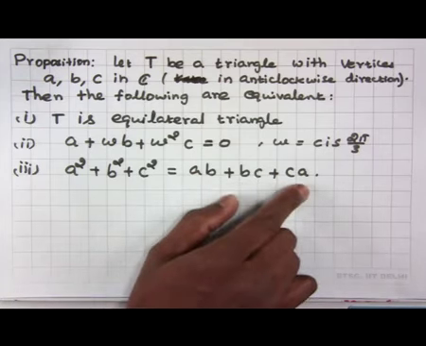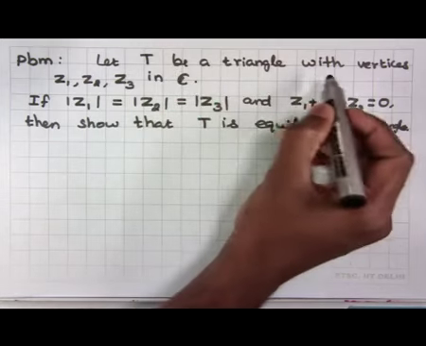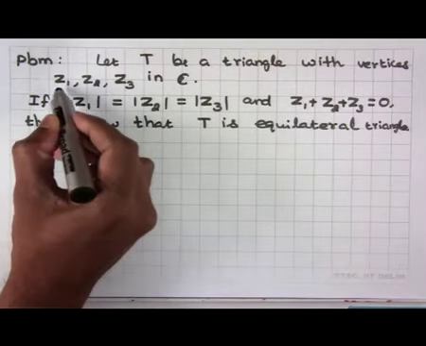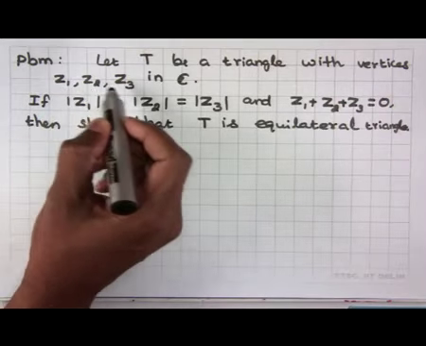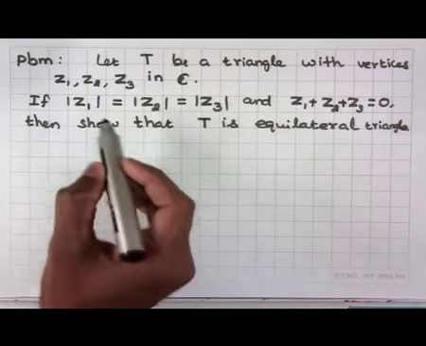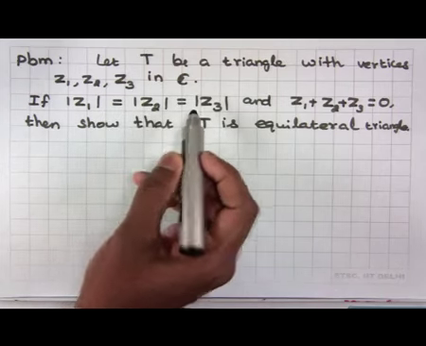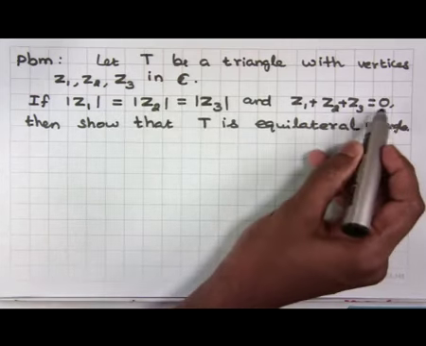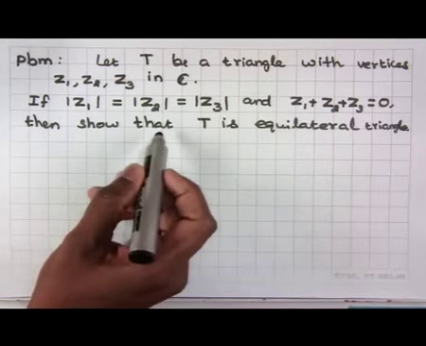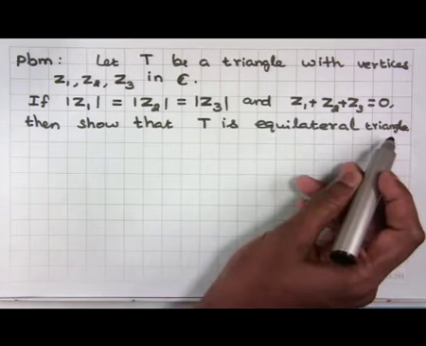Let us do a simple problem. T is a triangle with vertices, let us call them Z1, Z2, Z3 in the complex numbers, with the property that their moduli are equal and their sum is 0. Then we have to show that T is an equilateral triangle.